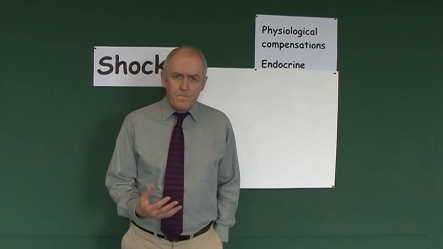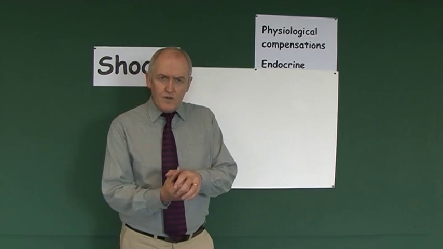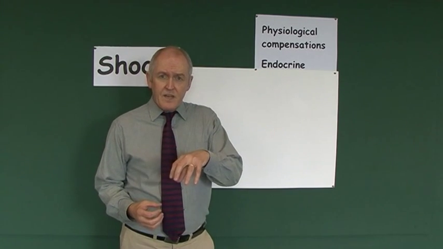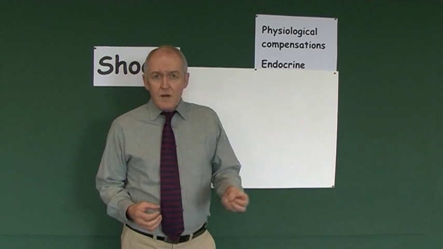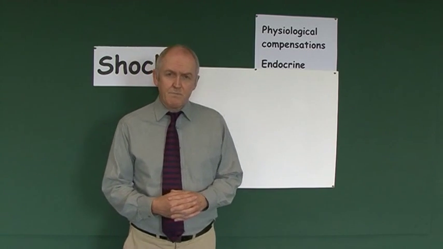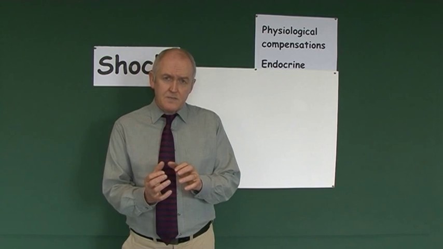What's going on here? Well, in the kidney, the afferent arteriole, as you probably know, takes blood into the glomerulus. And in the afferent arteriole, before the blood goes into the glomerulus, is the juxtaglomerular apparatus. Juxta means beside. It is the apparatus beside the glomerulus.